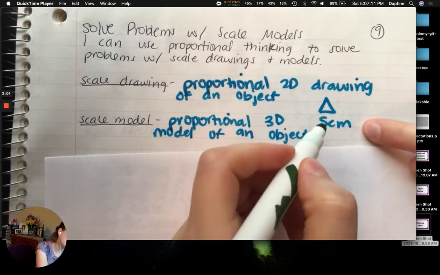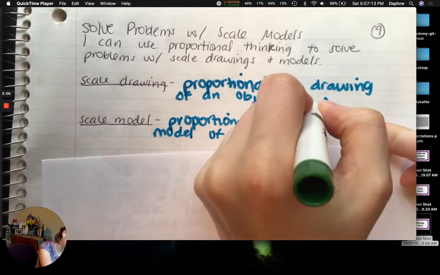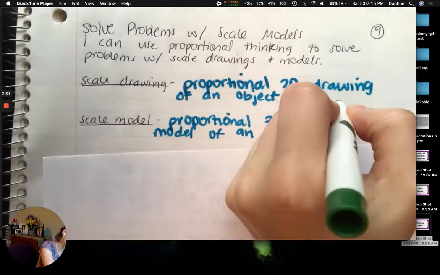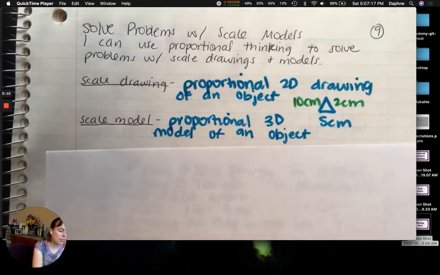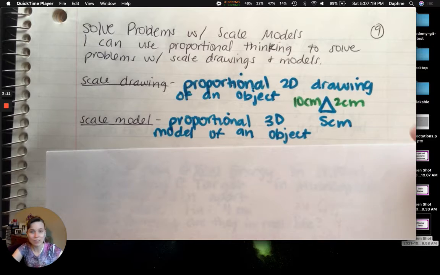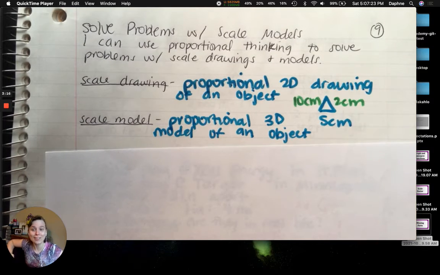If this is 5 centimeters, but I say this is 10 centimeters and this is 2 centimeters, then this whole triangle itself is not to scale, because those 3 lengths are not proportional to a scale factor, where 5 centimeters is this and 10 centimeters is twice that. So thinking about that, most drawings in math that I'm using in notes, I'm not being precise. They are not to scale. They are not scale drawings.